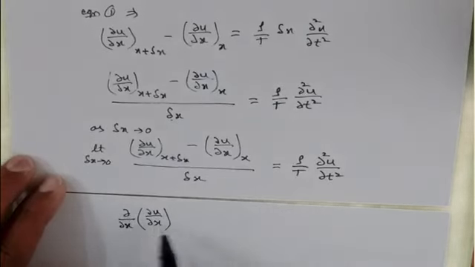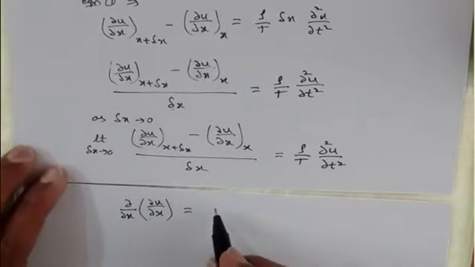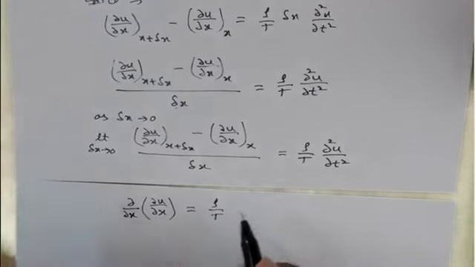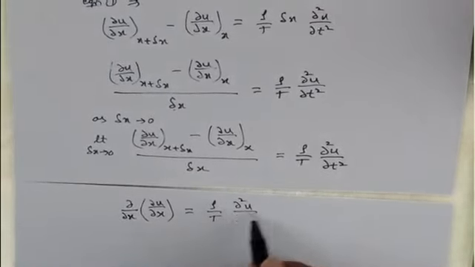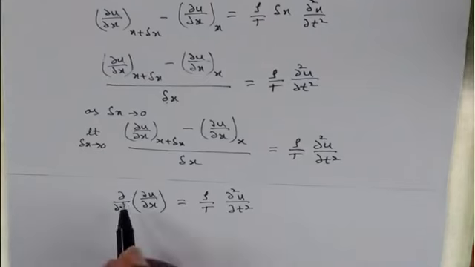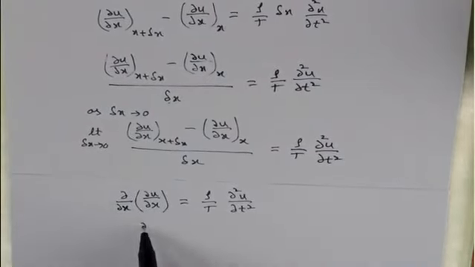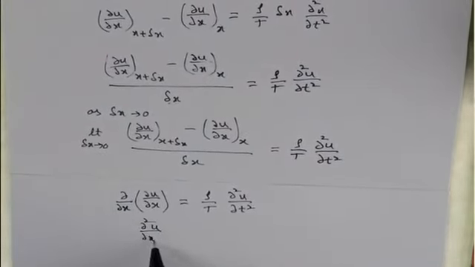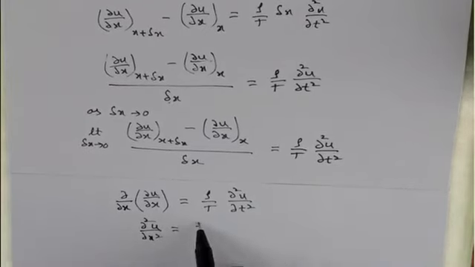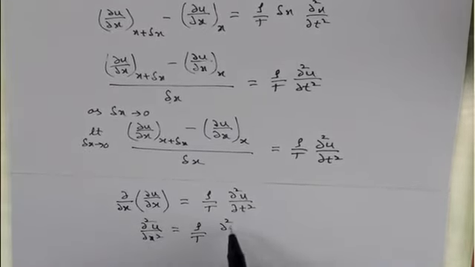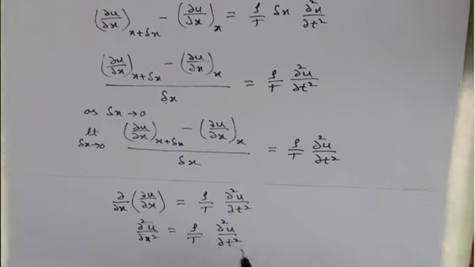So dou by dou x of dou u by dou x is equal to rho by t into dou square u by dou t square. This dou by dou x of dou u by dou x is nothing but dou square u by dou x square, equal to rho by t times dou square u by dou t square.